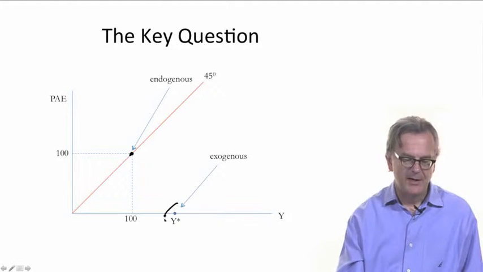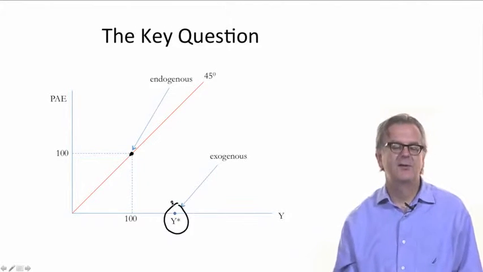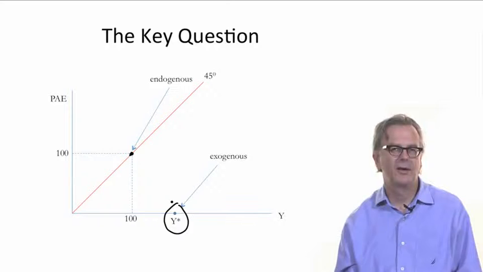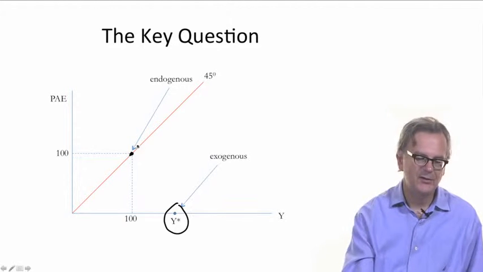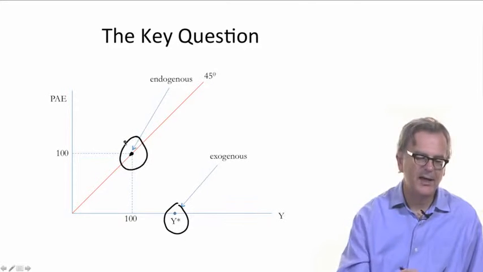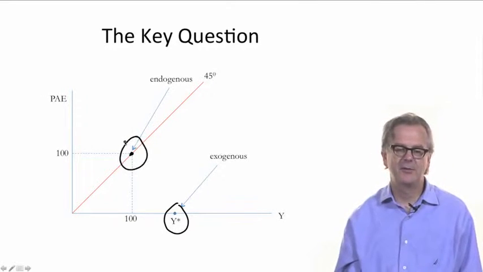Potential GDP is exogenous. It's determined by forces outside of this short-run macroeconomic analysis. In the short run, however, there are forces that lead to a particular equilibrium being established.